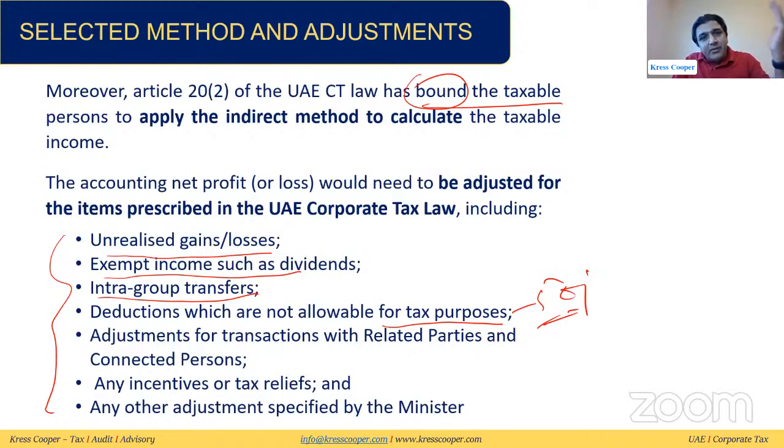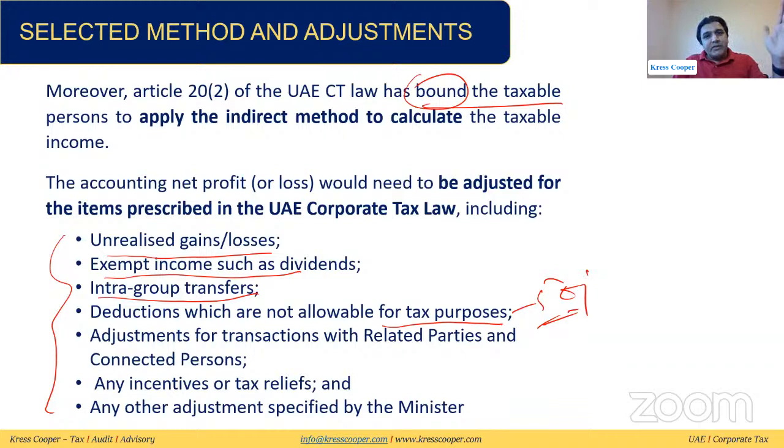The law says we need to set the prices based on the arm's length principle, so we need to adjust these transactions. We will discuss this in our next lectures. Any incentive or tax relief needs to be adjusted. Any other adjustment specified by the minister needs to be adjusted as well.